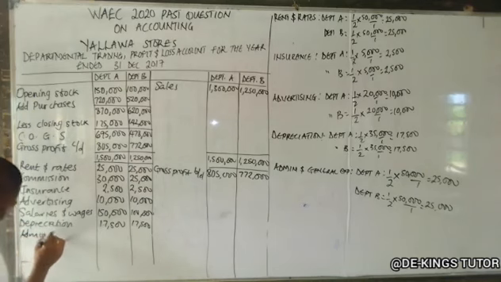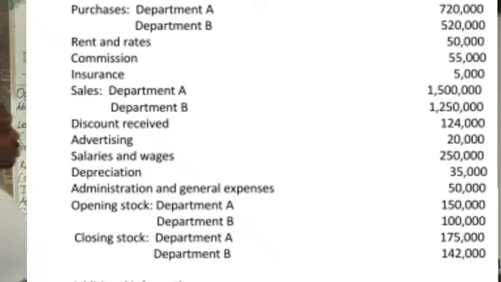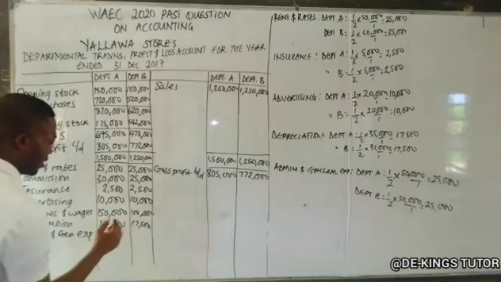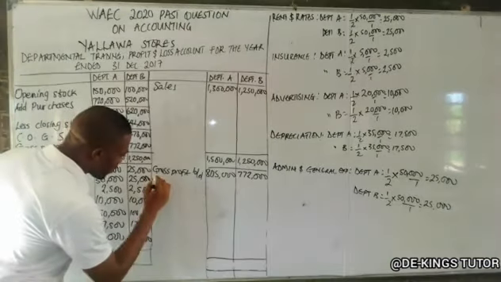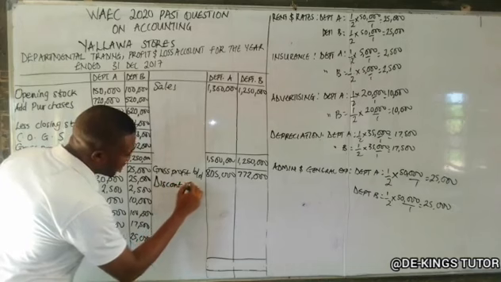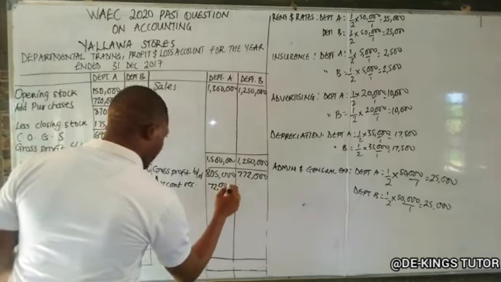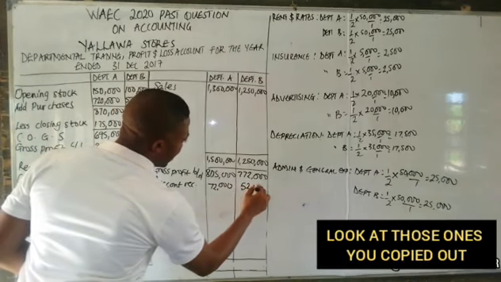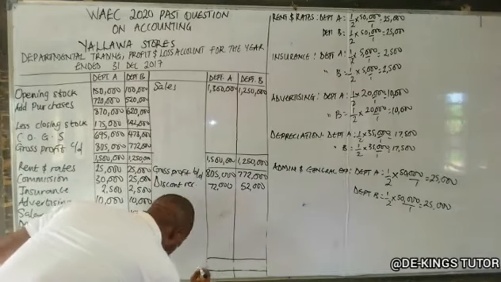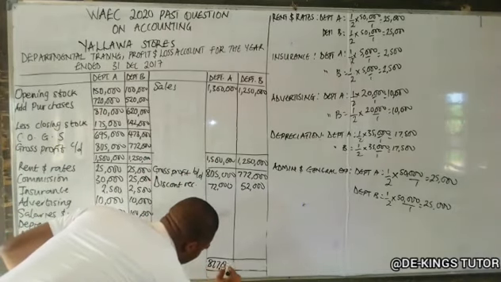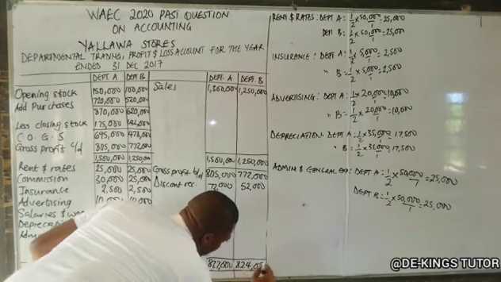Okay. So now if you check in the question there, you will see discount received. We did adjustment also. Discount received is an income, so it comes here. Discount received for Department A is 72,000, while Department B is 52,000. Okay. So when you add this, it will give us 877,000, and Department B it will give us 824,000.